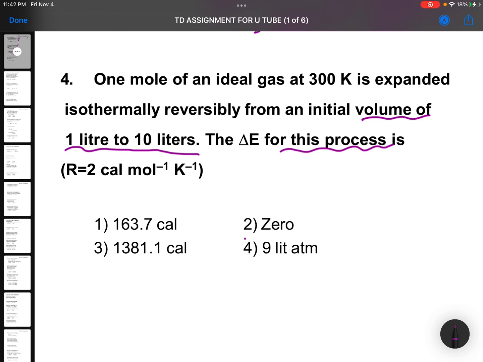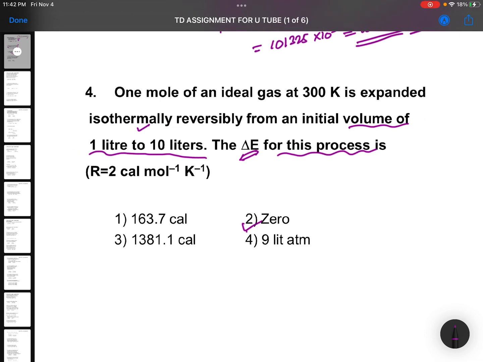When temperature change is not there, delta E will be 0, because delta E means internal energy change, which depends on kinetic energies. Kinetic energy depends on temperature, and when you are making it isothermal, there is no change in temperature. That's why delta E will become 0. Fine? Don't confuse.